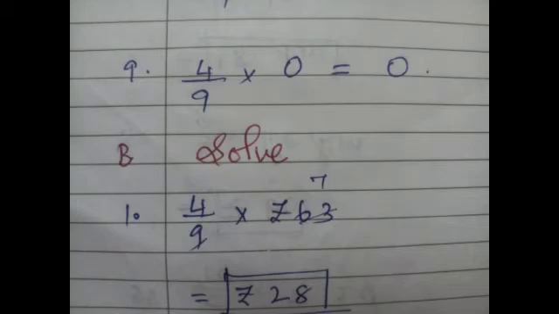So in that, 9 we can cancel. 9 ones are 9, 9 sevens are 63. So numerator is 4 multiplied by 7, denominator is 1 only. 4 sevens are 28. Rupees 28 is the answer.